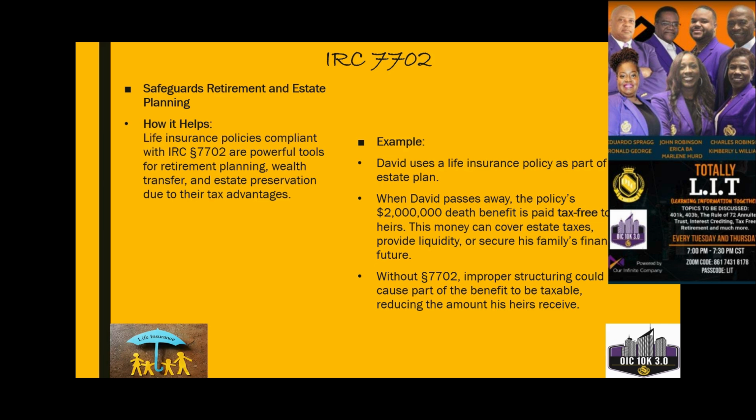David uses his life insurance policy as part of his estate plan. And when David passes away, the policy has over 2 million in death benefit that is paid to his heirs. This money can cover the estate taxes, provide liquidity, or secure his family's financial future. And so this is having this code work for us.